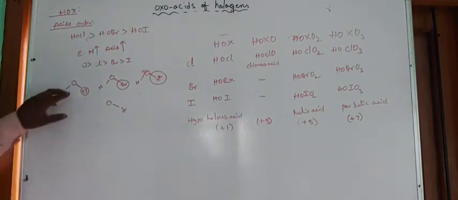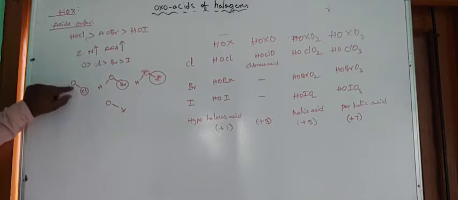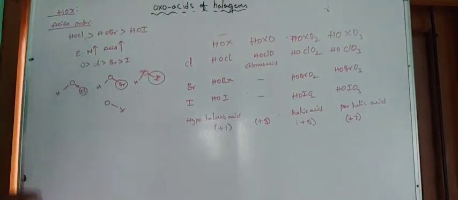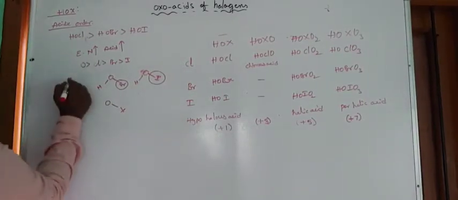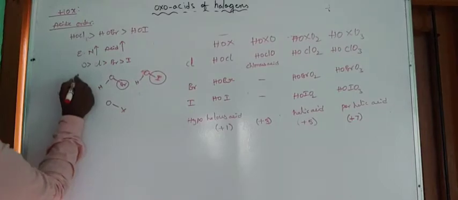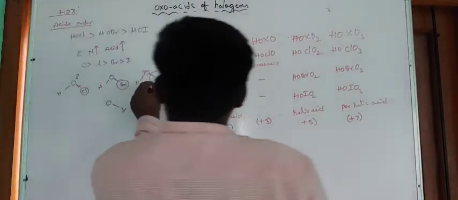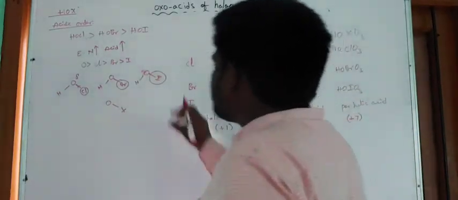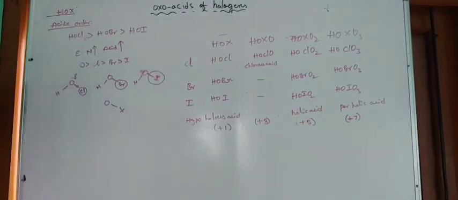So the bond pair of electrons between oxygen and chlorine moves towards the oxygen, because oxygen is the more electronegative atom, and a partial positive charge is present on chlorine. Now what about here? There is a bond pair between oxygen and iodine, and this bond also moves towards the oxygen because, compared with iodine, oxygen is the more electronegative atom.